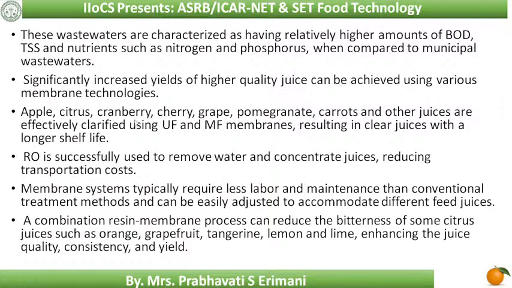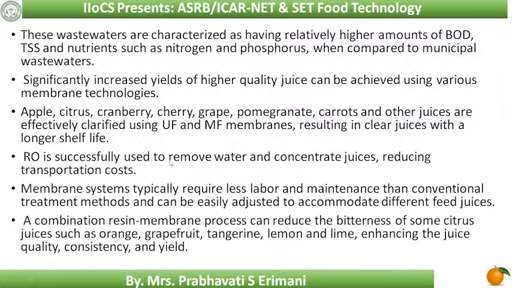Apple, citrus, cranberry, cherry, grape, pomegranate, carrot and other juices are clarified by means of ultrafiltration and microfiltration membranes. Because of the clarification we will get clear juices. If it is clear, definitely the shelf life will be longer. So always uniformity will help in increasing the shelf life.